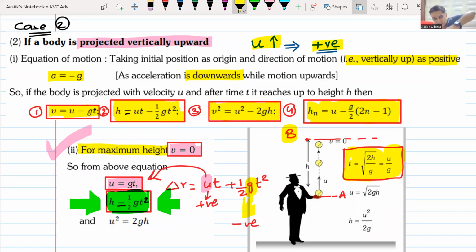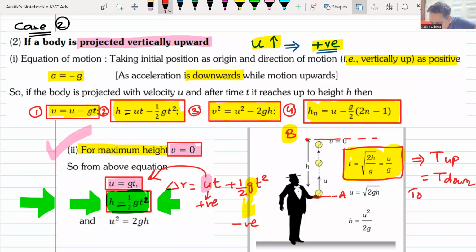While it is coming down, at the highest point the initial velocity is 0, and you know the time it takes. So you can use the equation s = ut + half at square. Put the value of u as 0 there. Then also you will end up with the same equation. Remember, this is the time to go up, same as the time to come down.